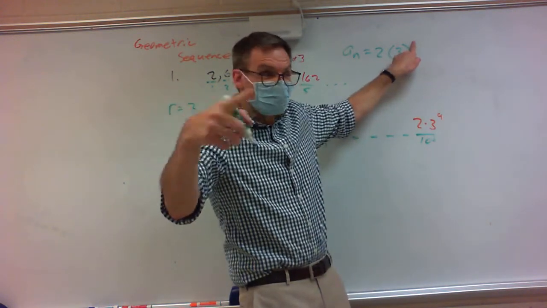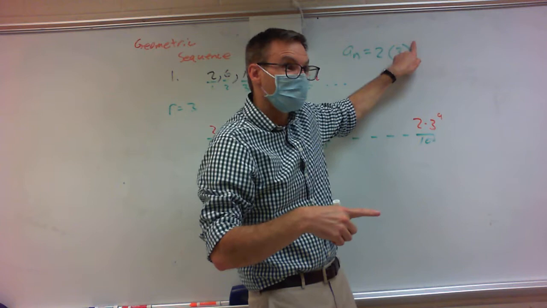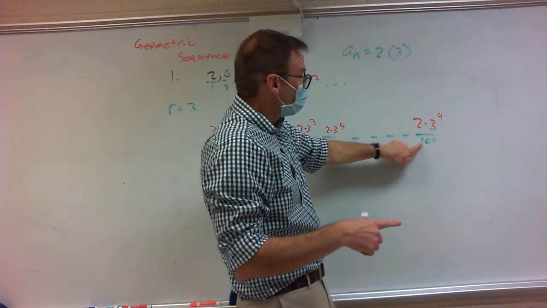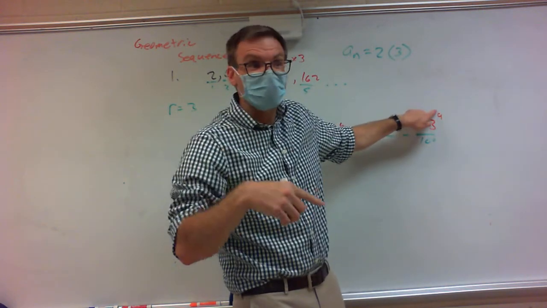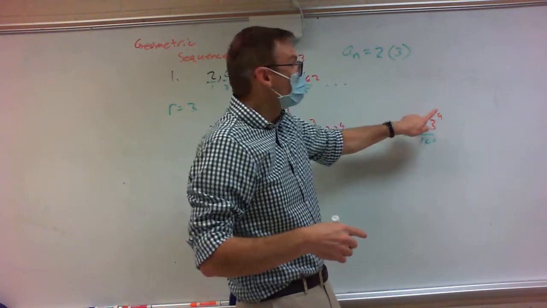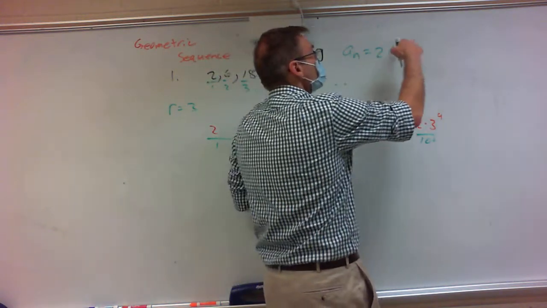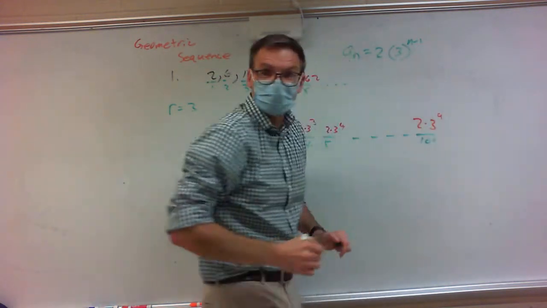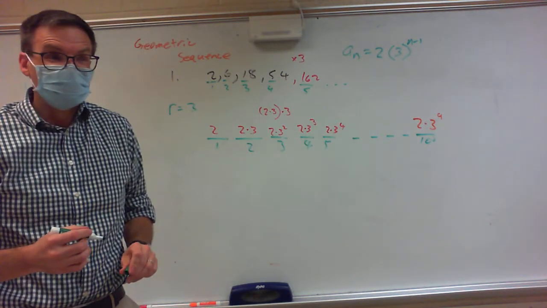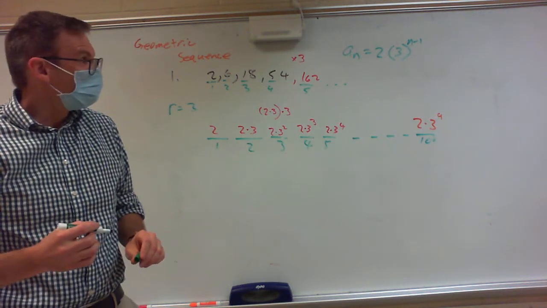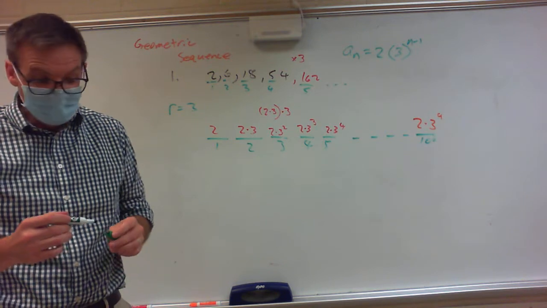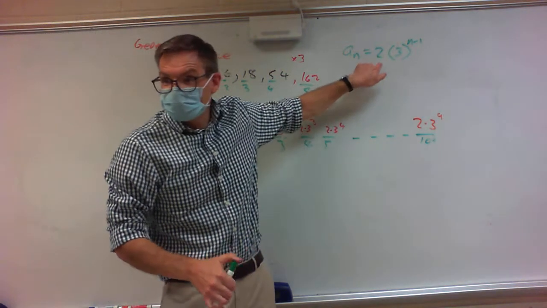N minus 1. Can everybody see why it's got to be n minus 1? If the position is 10, we've got to make sure that the exponent's 1 less than the position. So if the position is n, the exponent has to be n minus 1. Does this formula make sense?